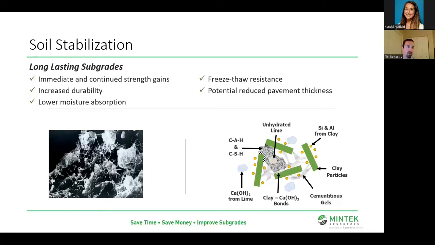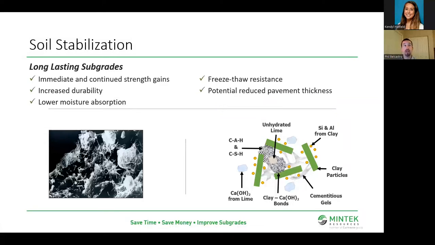We're going to have lower moisture absorption. And for any of us in the freeze thaw areas, we get that nice freeze thaw resistance, increased durability associated with that. And as long as we have those ingredients, the calcium, the pozzolans that are soluble or supplemented with the Calciment LKD, we're going to continue to gain those strengths over time.